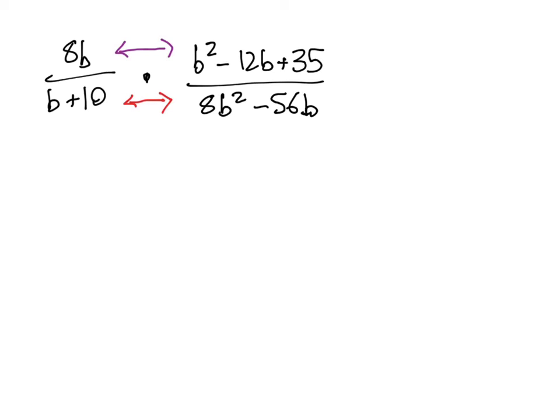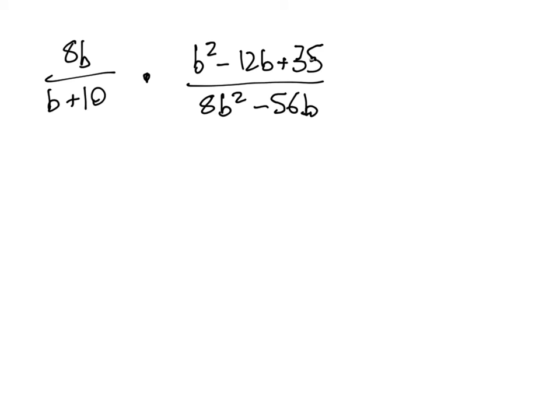But as these expressions are currently written, it's going to be a little bit more work than we need to do to multiply all of these terms together. To make our work easier for ourselves, we can see if there's anything that we can break apart into factors before we multiply across this problem.